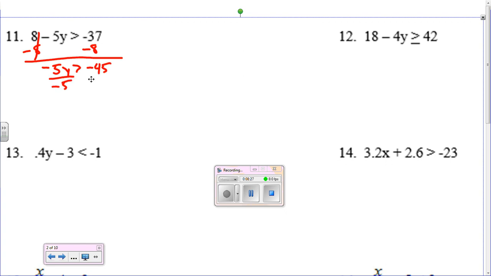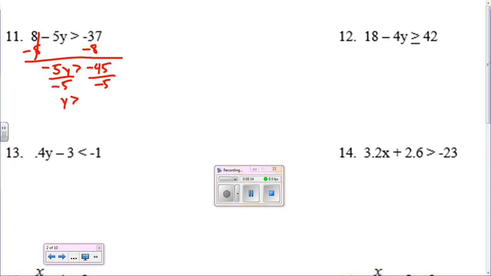Then you divide by negative 5. You get y is greater than, flip that sign, you divided by a negative, y is less than 9. Goes from 0 to 9. And then it's less than, so it's an open dot and shaded this direction.